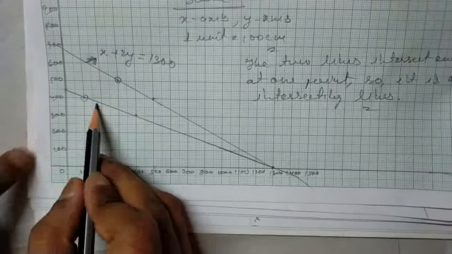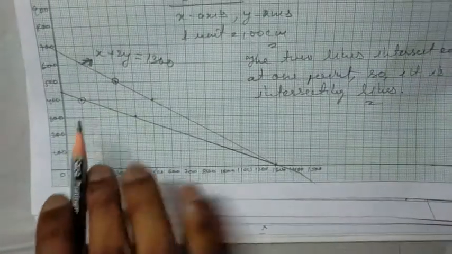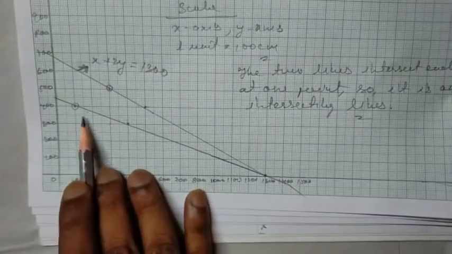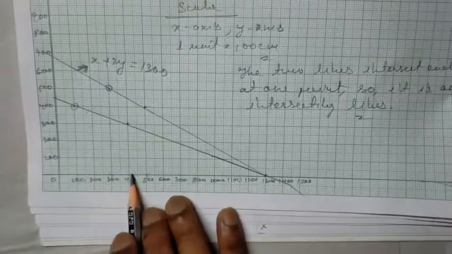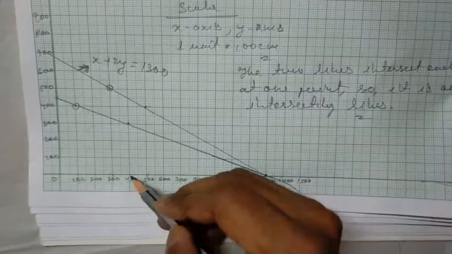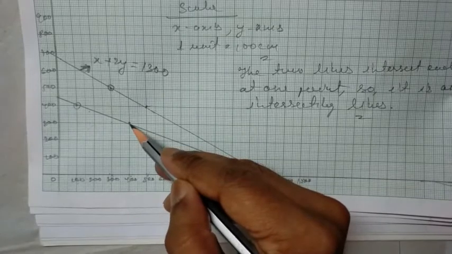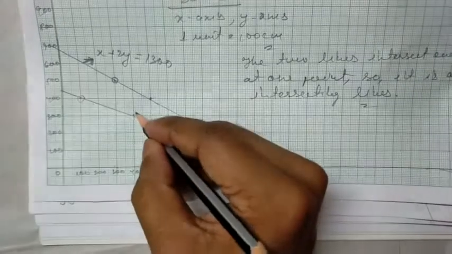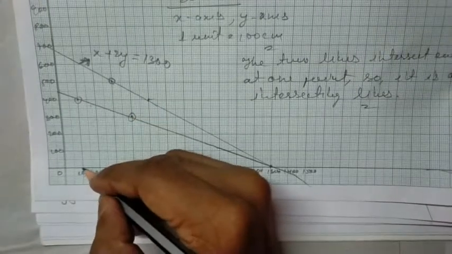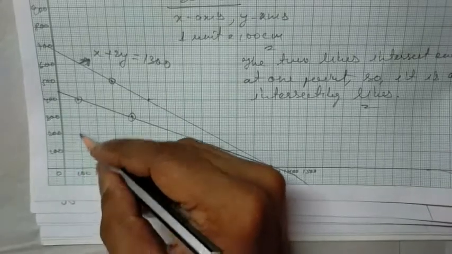Now this second line comes from the second equation. In the table we have got x value 400 and y is 300, over here. Then again x value is 100 and the y value is 400, so we move here.